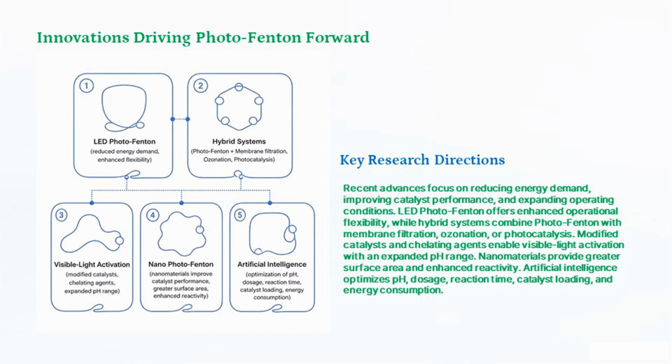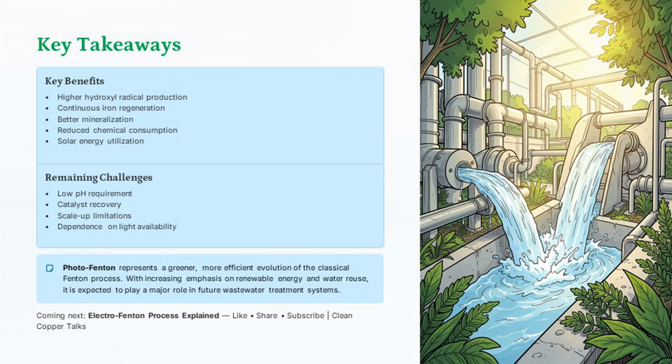So let's quickly summarize today's discussion. Photo-Fenton process is an improved version of classical Fenton reaction. By using light energy, it continuously regenerates ferrous ion, resulting in higher hydroxyl radical production and a faster degradation of pollutants. Its major advantages include improved mineralization, lower chemical consumption, and the ability to use renewable solar energy. However, some challenges still remain. The process generally requires acidic conditions.